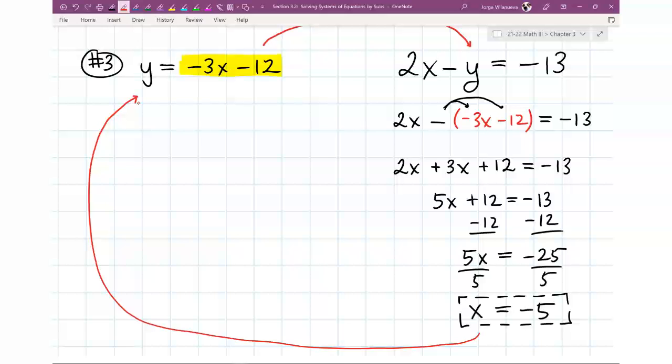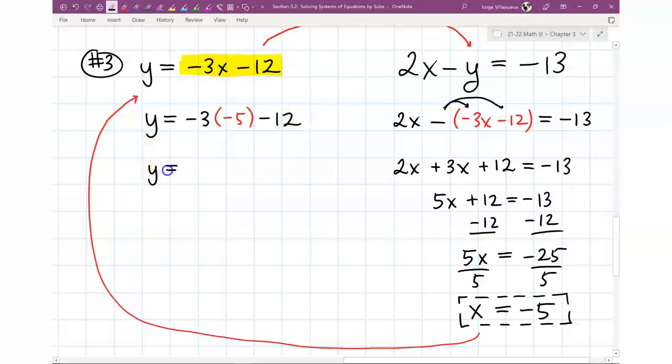Okay? So that x equal to negative 5, I'm going to plug it in. y equals negative 3 times negative 5 minus 12. Well, negative 3 times a negative 5, that's a positive 15. And 15 minus 12, that's 3.